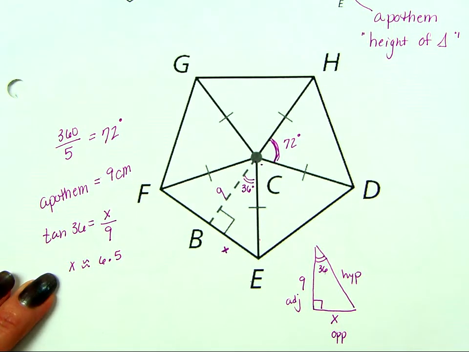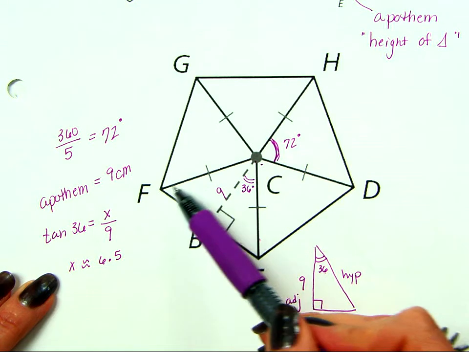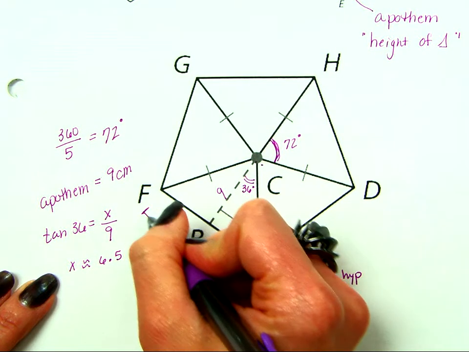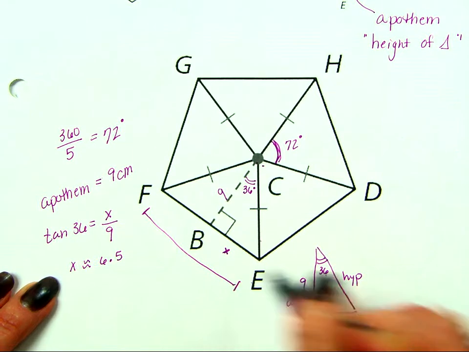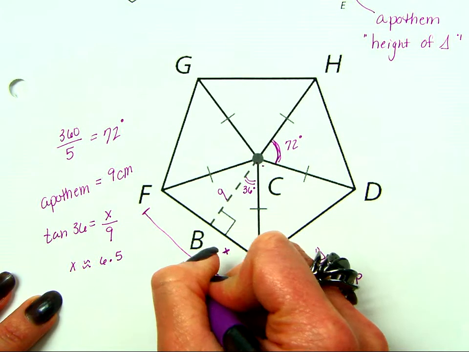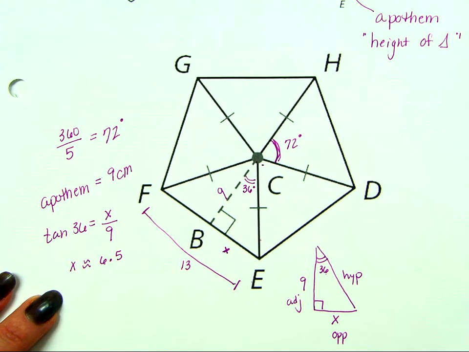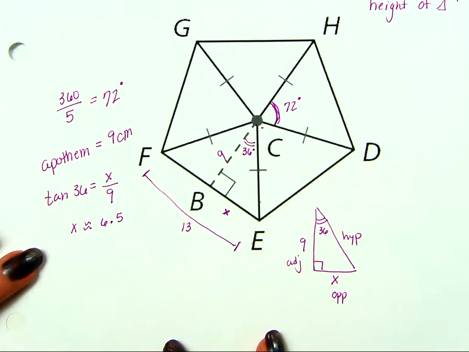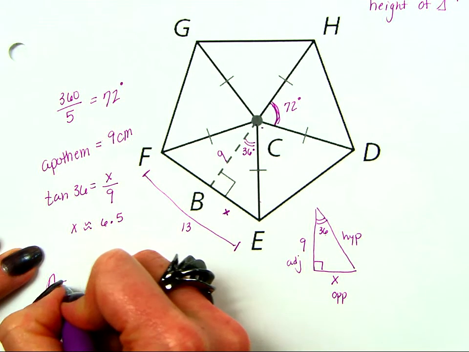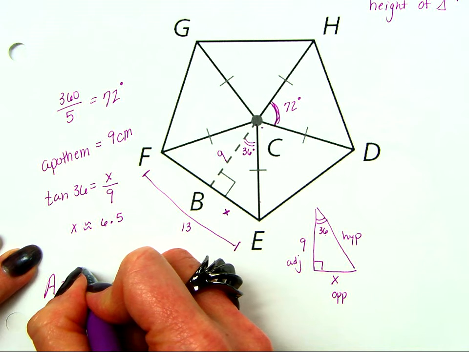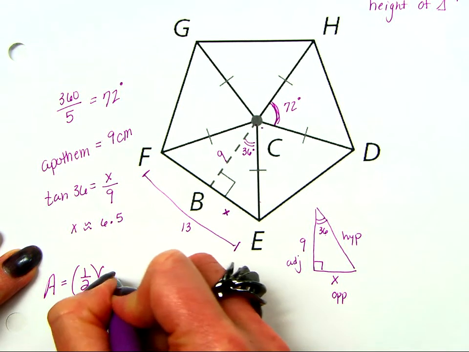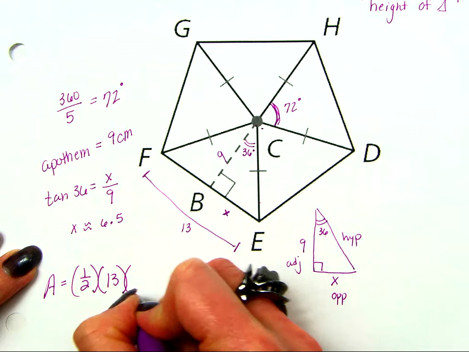Now, as I find the area of my triangle, I'm not going to use 6.5 as my base. I actually am going to have to double that, and when I double that, I'm going to use a base of 13. So finding my area, my triangle would have an area of 1/2 the base times the height.